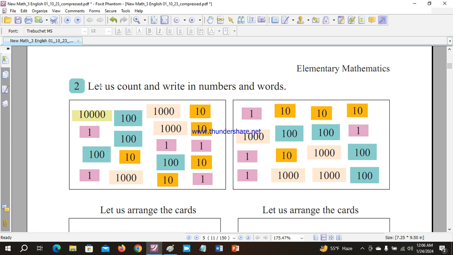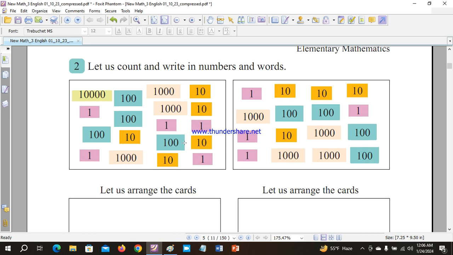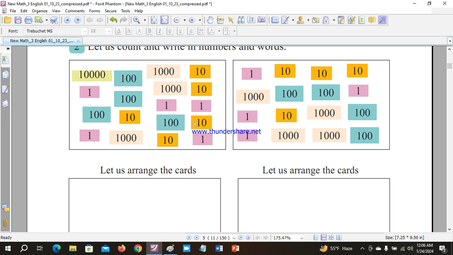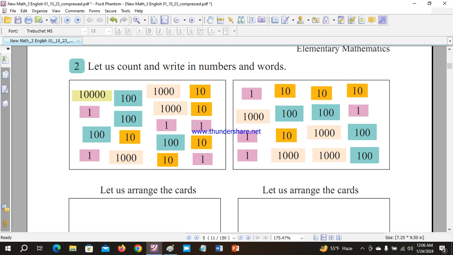Number 2, let us count and write in numbers and words. At first we have to count, and then we have to write the numbers in words. At first we have to arrange.